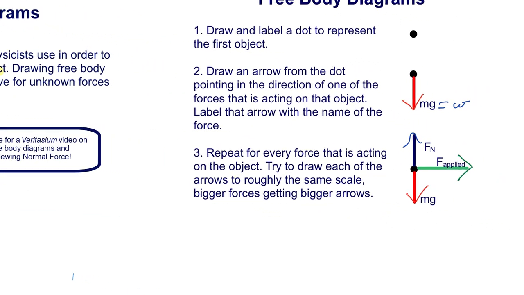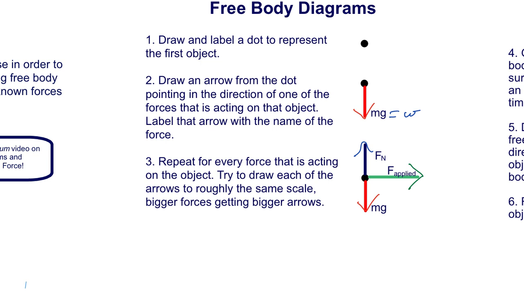Okay, so I make the object just a dot when I'm doing an FBD. Then I draw arrows pointing away from the dot. Always away from the dot, showing the forces. I label those forces.